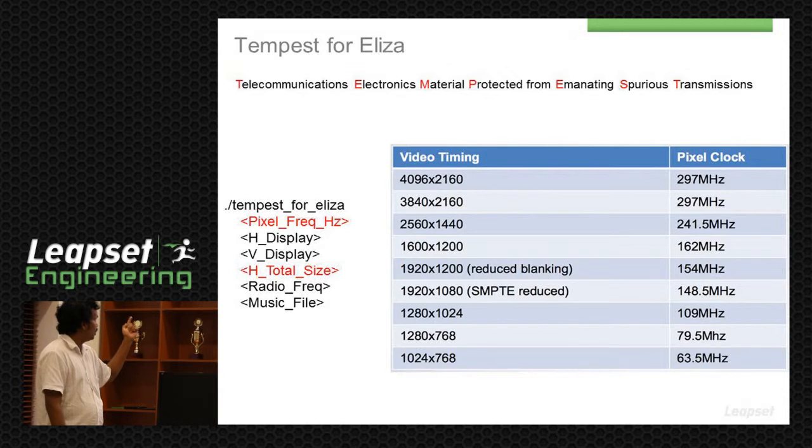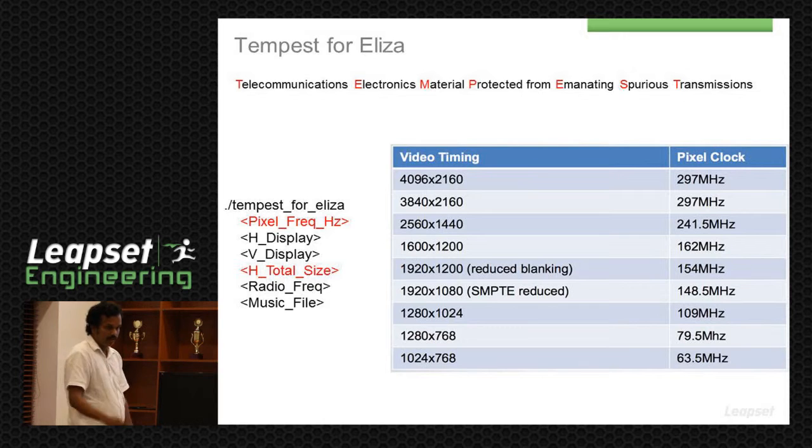If you know the horizontal and vertical resolution of the display, you can calculate the pixel frequency and the total size. So here is a basic chart. For example, for this monitor, its resolution is 1920 by 1080. Right? For that monitor, the pixel clock is 148.5 megahertz.